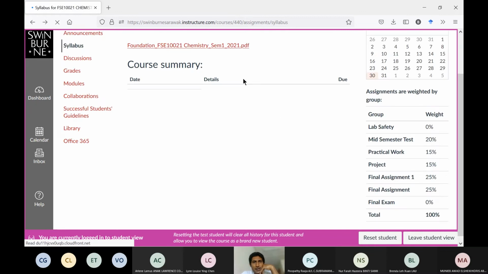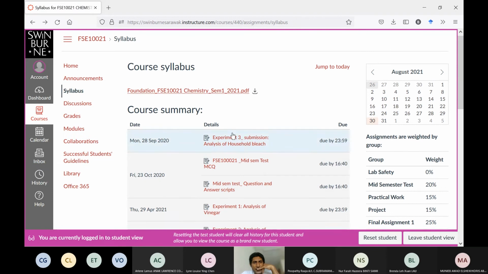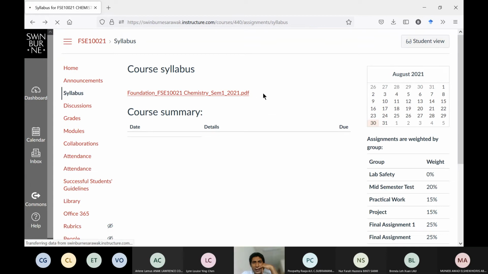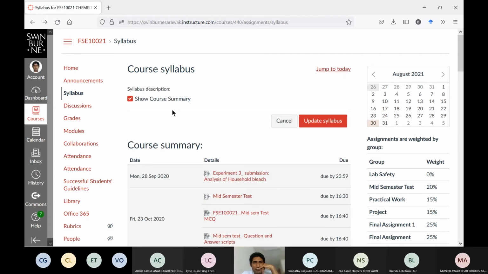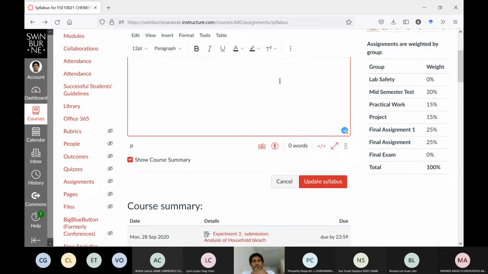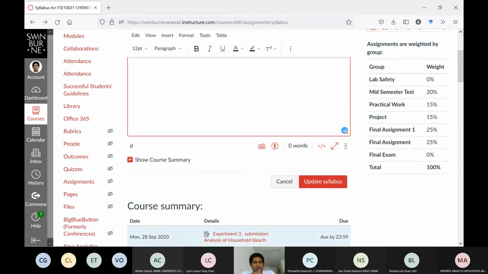Okay. All right. So the syllabus, I don't know why it is showing here. I will update the syllabus once again because it is not correct. Let me just leave student view and remove it from here. Hold on.